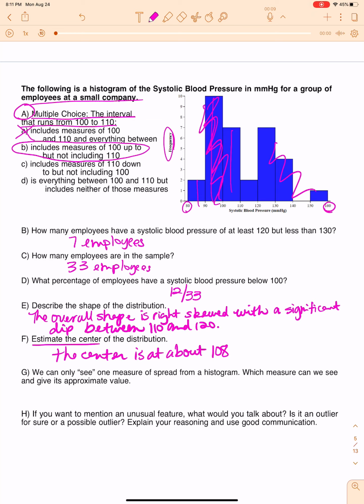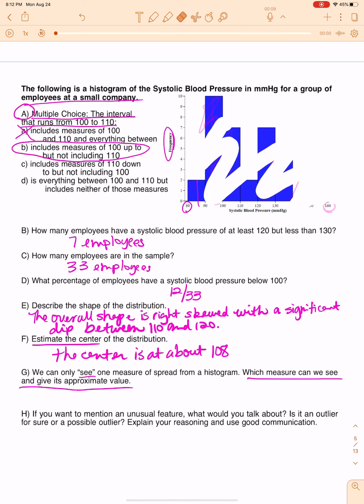All right, so we can only see one measure of spread from a histogram. Which measure can we see and give its approximate value? Well, we're going to end up talking about 3 measures of spread: range, standard deviation, and IQR, or interquartile range. The only one we can get from just looking at a graph is going to be the range.